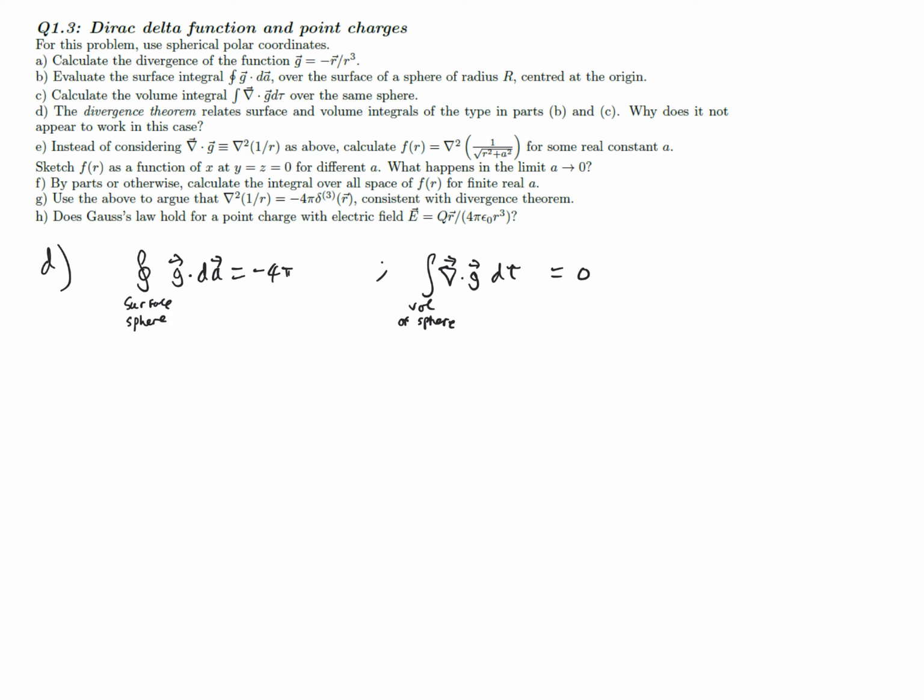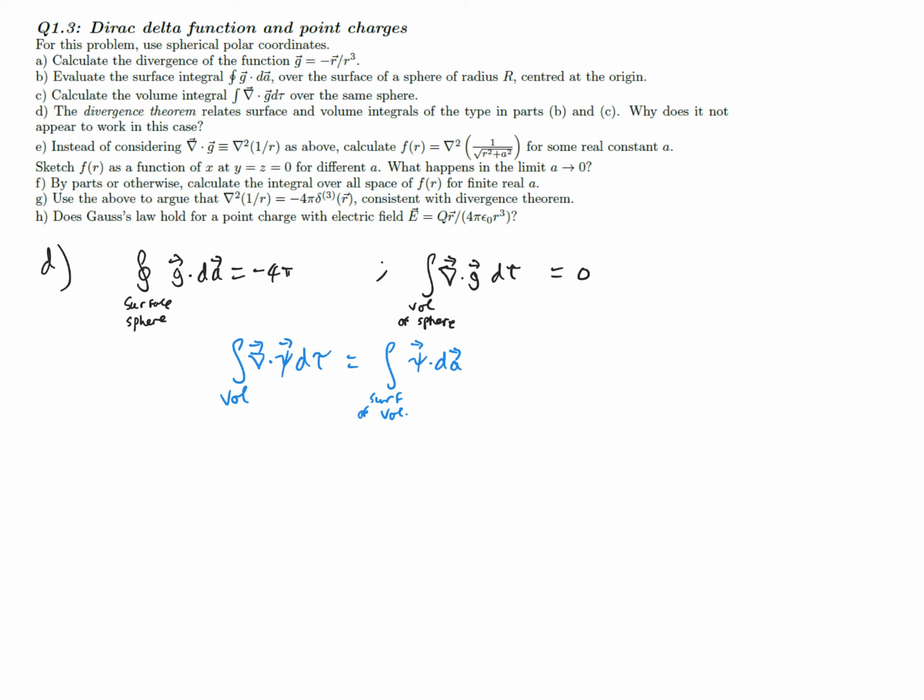And the Divergence Theorem tells us precisely that for some general vector field, psi, let's call it, over some volume, it doesn't have to be a sphere, any volume, if we integrate the divergence of the vector field psi over that volume, then we can convert that into an area integral of the vector field psi integrated over the surface of that volume.